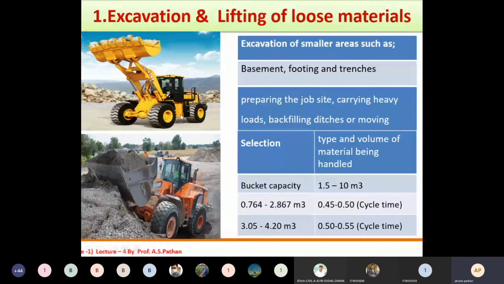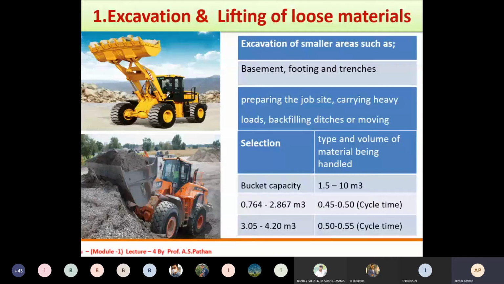With the help of this type of wheel loader, we can excavate the basement or even footings or trenches. Another use of this wheel loader is preparing the job site, carrying heavy loads and backfilling ditches, or even moving materials from one place to another place, right?